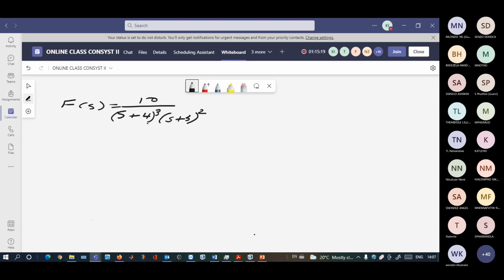So the pole is going to be minus 4 three times, and minus 3 two times. So we know that the poles are P equal to minus 4 and P equal to minus 3. But this one is P1, P2, P3. Is it right?